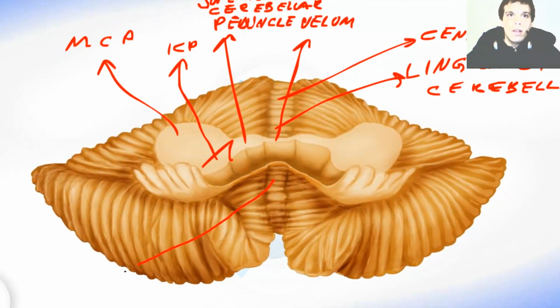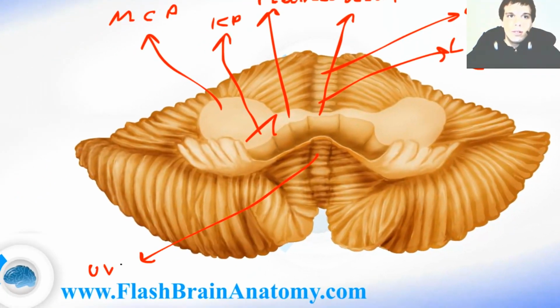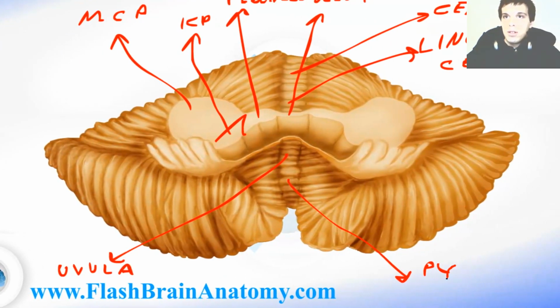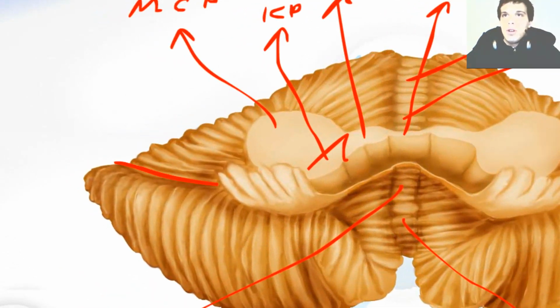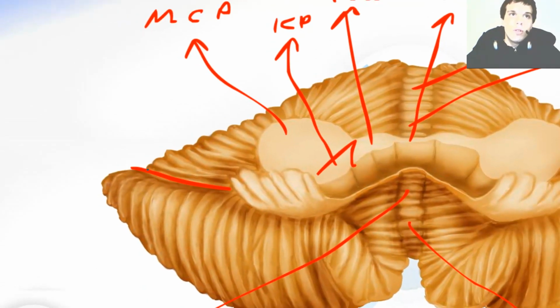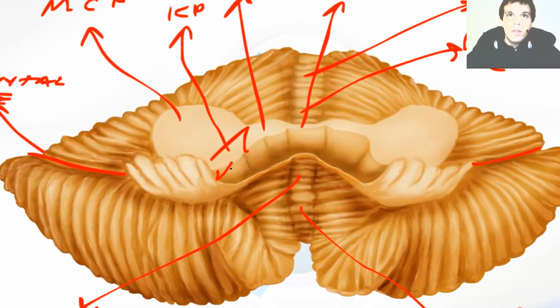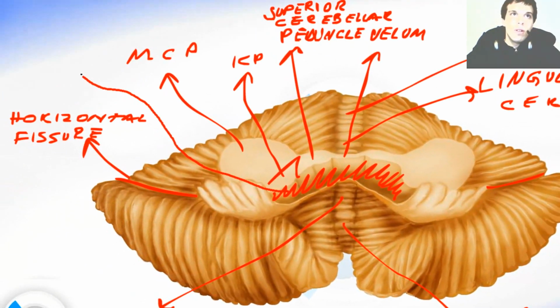Over here we had the uvula, and this over here was the pyramid of the vermis. This fissure over here was called the horizontal fissure. Space over here was the fourth ventricle.